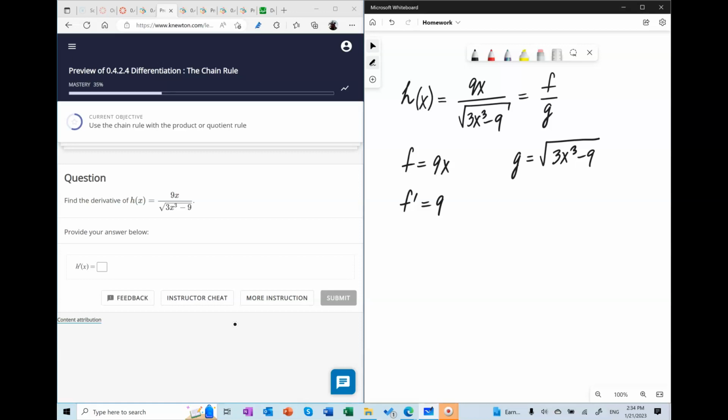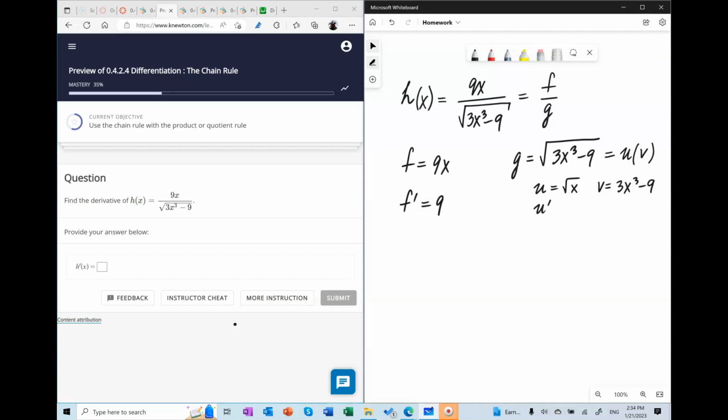But as you're applying quotient rule, you realize that you're going to need the derivative of g, but g is actually a composition of u and v, where u is the radical and v is the polynomial.